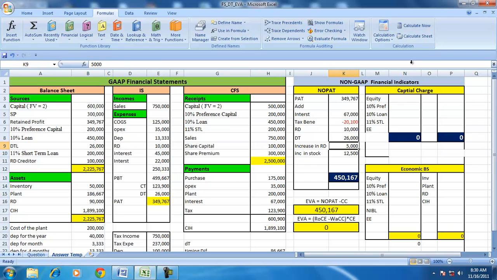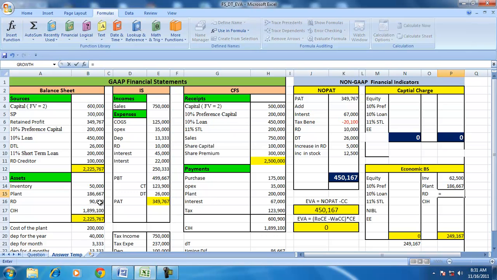In order to prepare the capital charge, it will be useful to prepare an economic balance sheet. The economic balance sheet will show the assets at the near market value or the market value. So therefore the value of inventory will be 62,500. The value of the plant is no change. The value of the plant is 186.